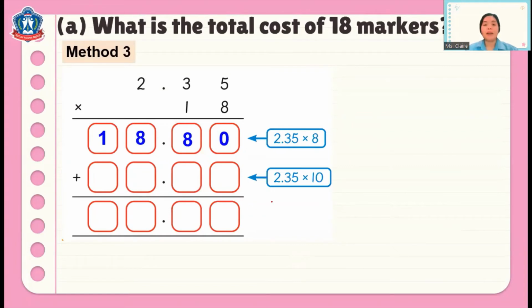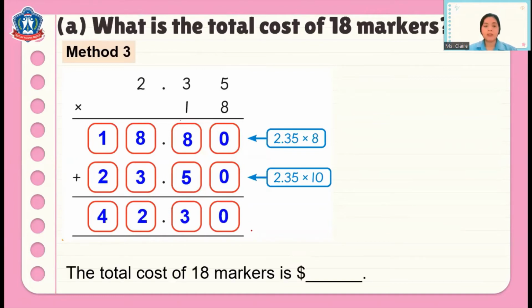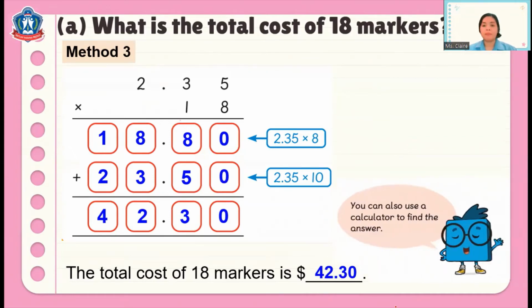Next, we will multiply by 10, so the answer is 23.50. Then we will find the sum. So the total is $42.30.